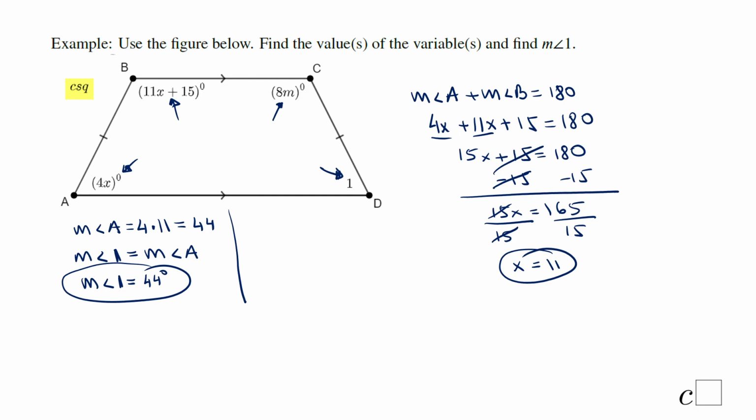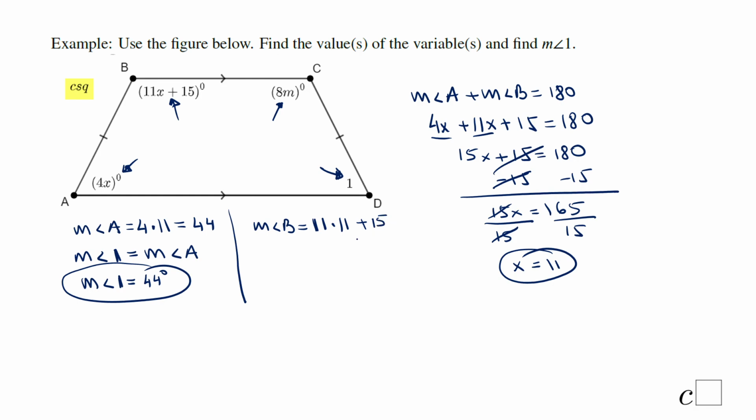So now let's take a look to angle C. Angle C is the same measure of angle B. That's one way to look at. So the measure of angle B is 11x plus 15, so 11 times 11 plus 15.